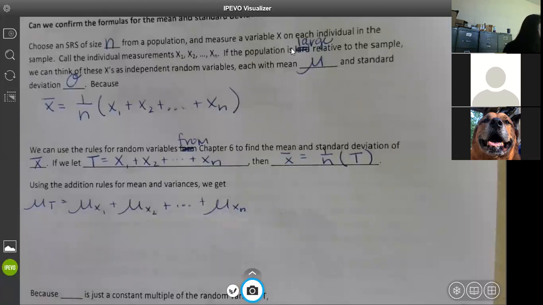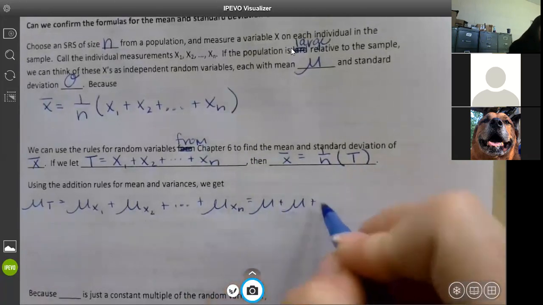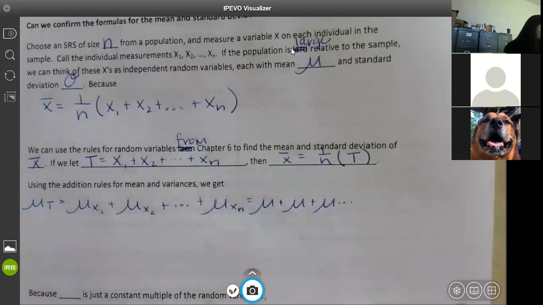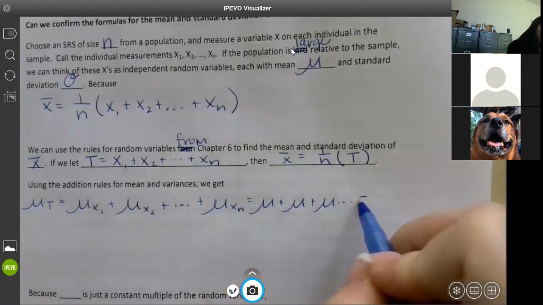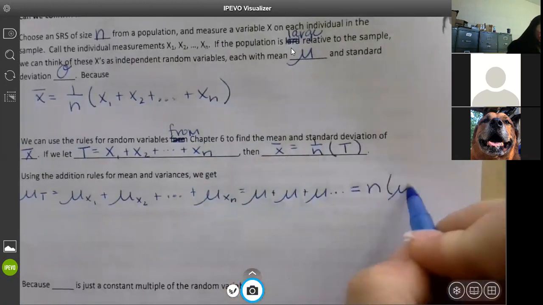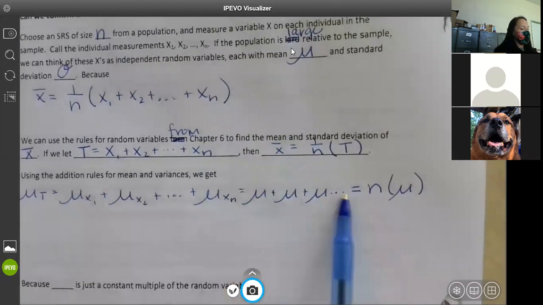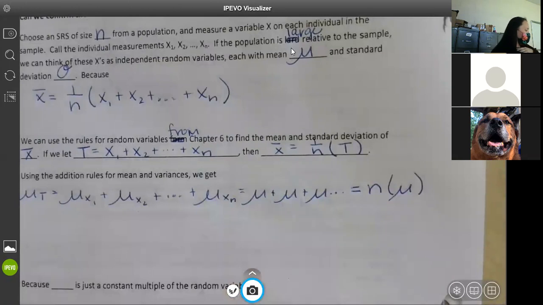It's the same as what? Yeah, so each one is going to be the population mean plus the population mean plus the population mean, and so on and so forth. An easier way to do that is just multiply it by the number of times that happens. So n times mu. So if we had 20 of these mu's, it would be 20 times mu.